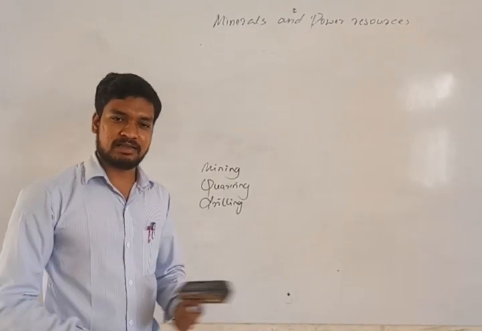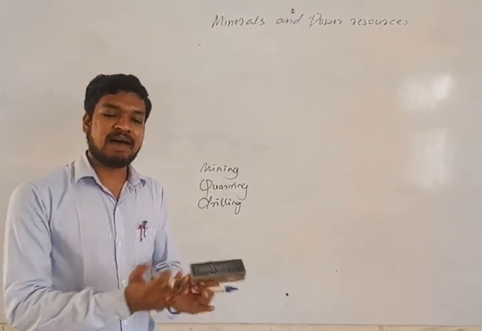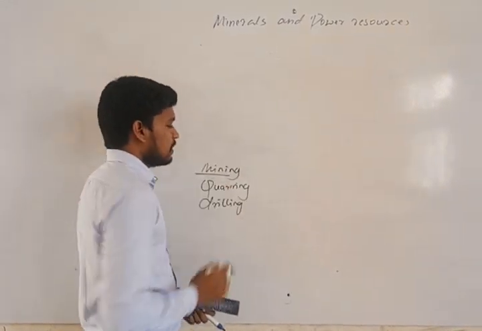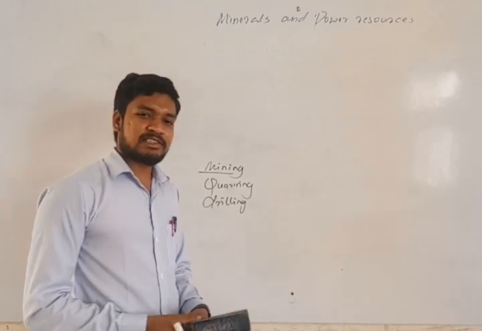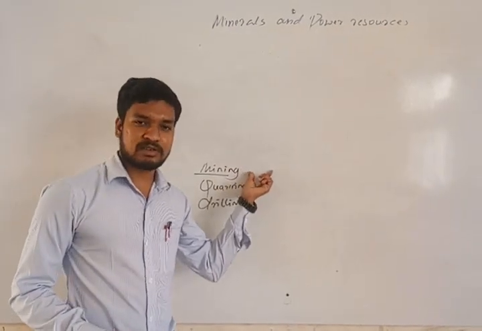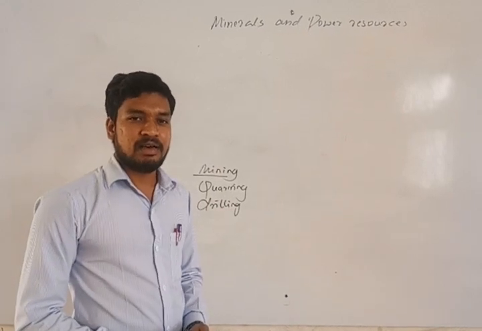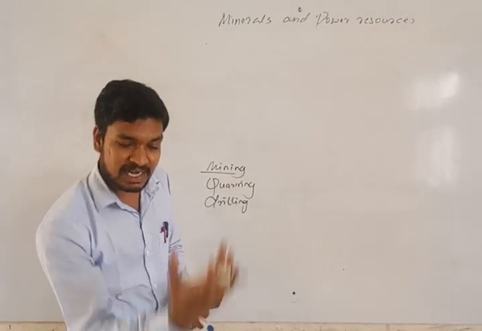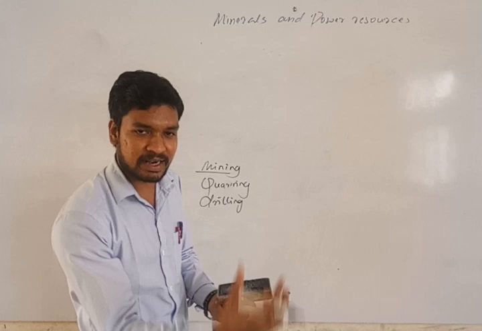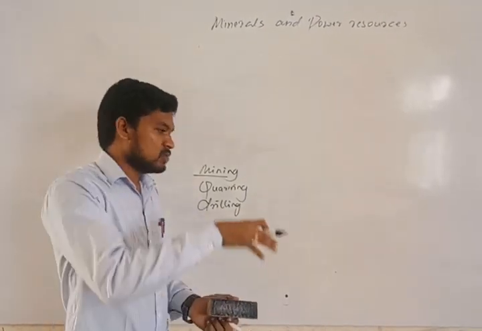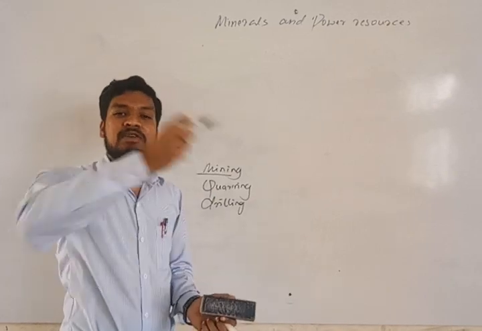They extract the minerals, but they have some different characters. Mining is a process which involves taking out the minerals from rock which is buried under the ground or under the crust. Under the crust we have rocks. So it's a process which takes out the mineral from there.